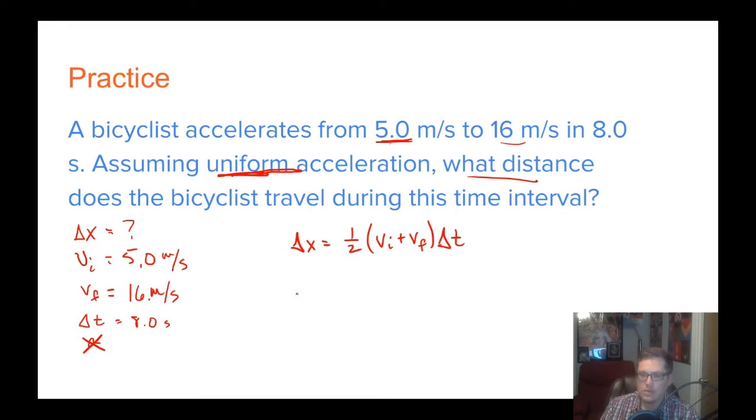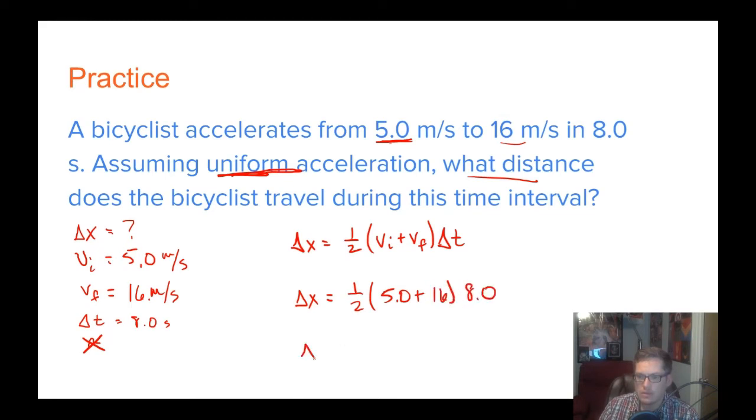So we're going to plug stuff in. We don't have to rearrange our equation because what we're solving for is already on the left side. That's not always the case. So 1/2 times our initial velocity, which is 5, plus our final velocity, which is 16, times our delta t, which is 8.